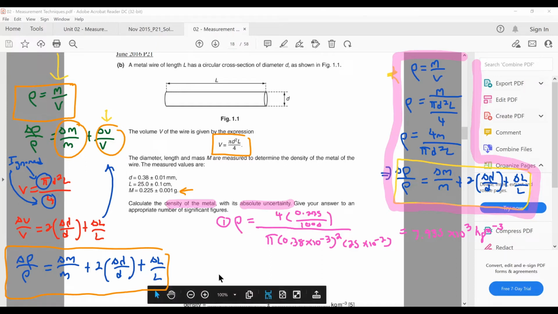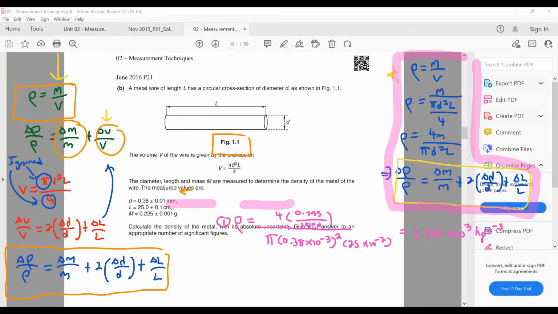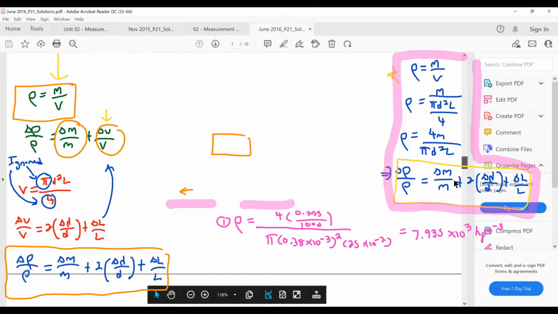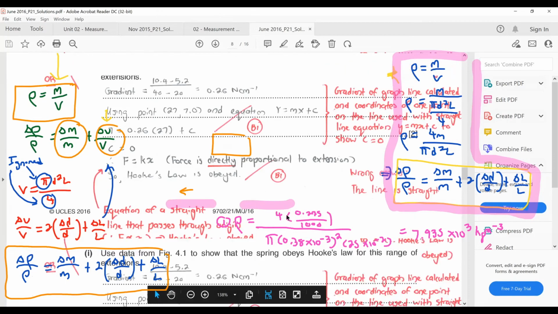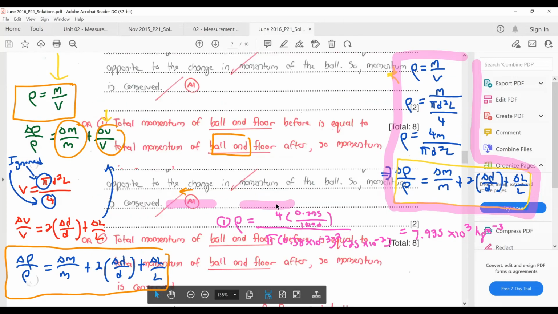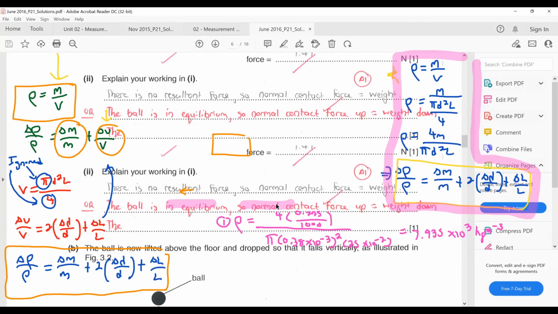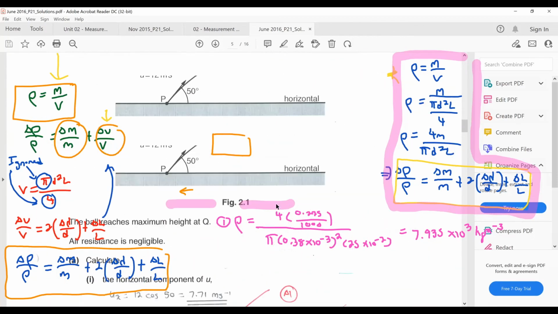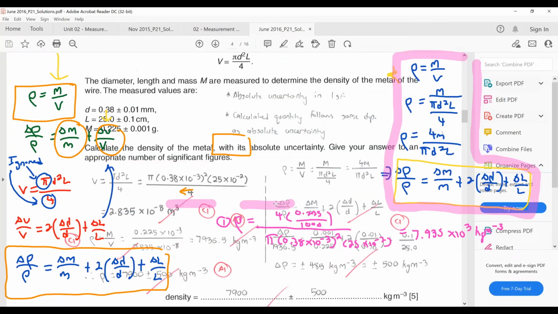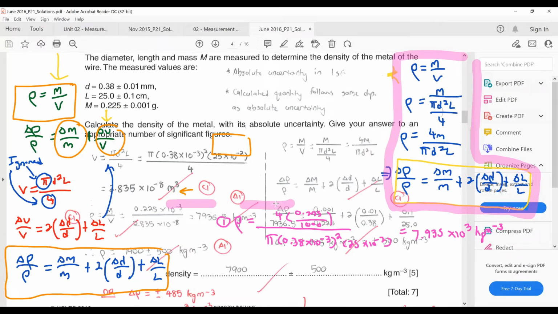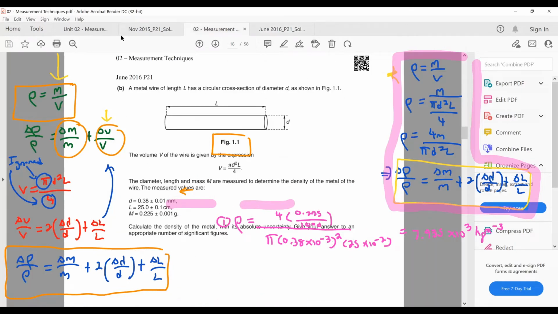But let me just check whether I'm getting the correct numerical values for this. Okay, 7936. Oh, sorry. Yeah, it's correct, but I rounded it off wrongly. This one is 7.936.